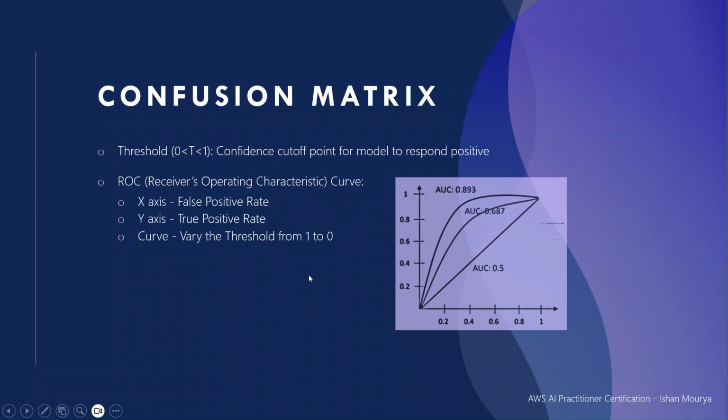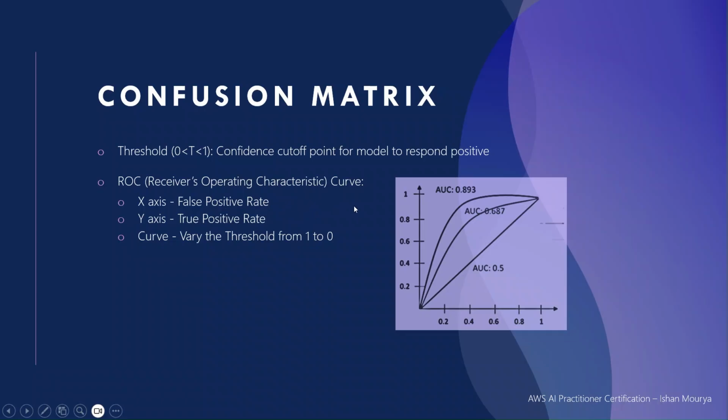And if your threshold is set to zero, that means even with a confidence of zero it will identify the mail as spam. So all the outcomes will be positive and there would be no negatives. If you again calculate the false positive rate, it would be false positive divided by false positive plus true negative.